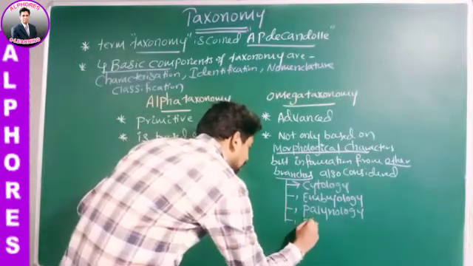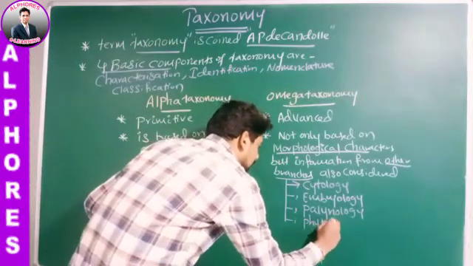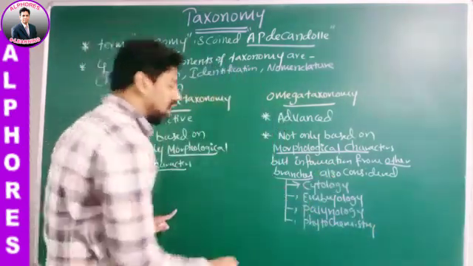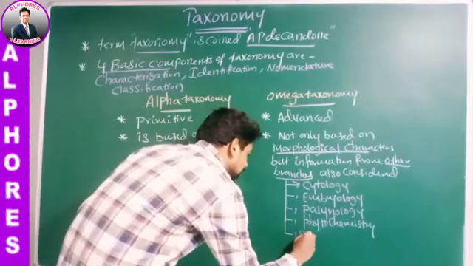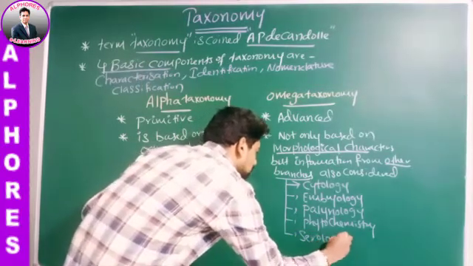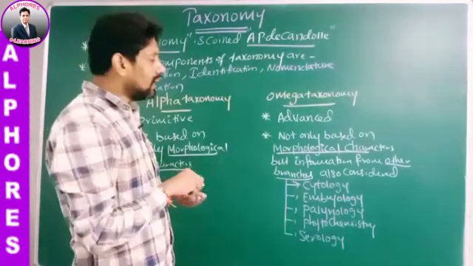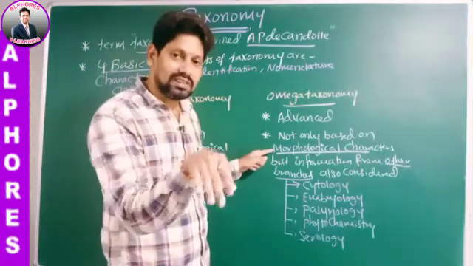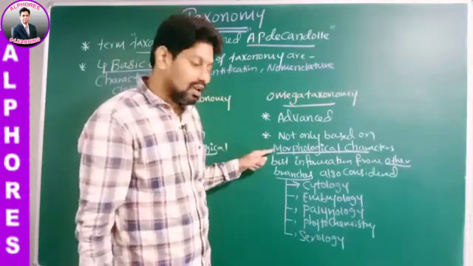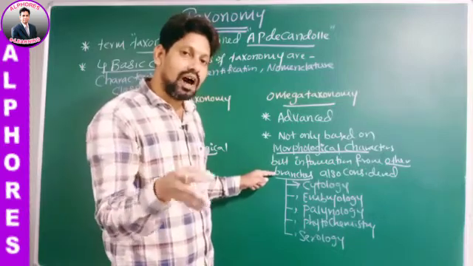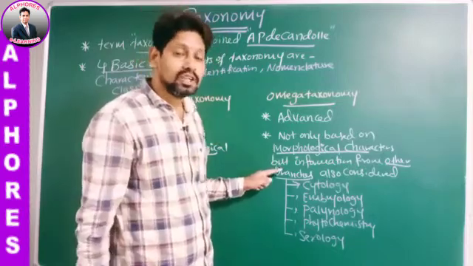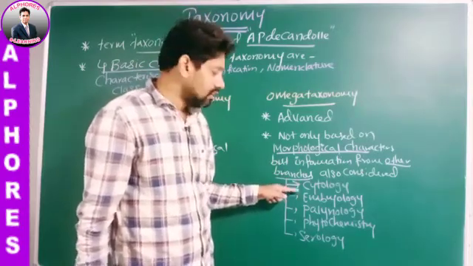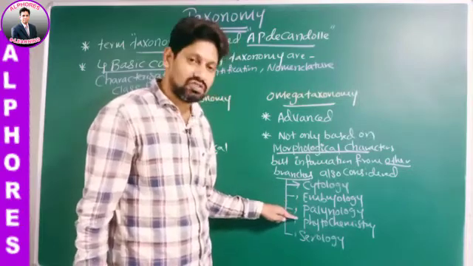Number 4, phytochemistry. Number 5, serology. Therefore, in omega taxonomy morphological characters are considered as well as information from other branches: cytology, embryology, palynology, phytochemistry, serology.